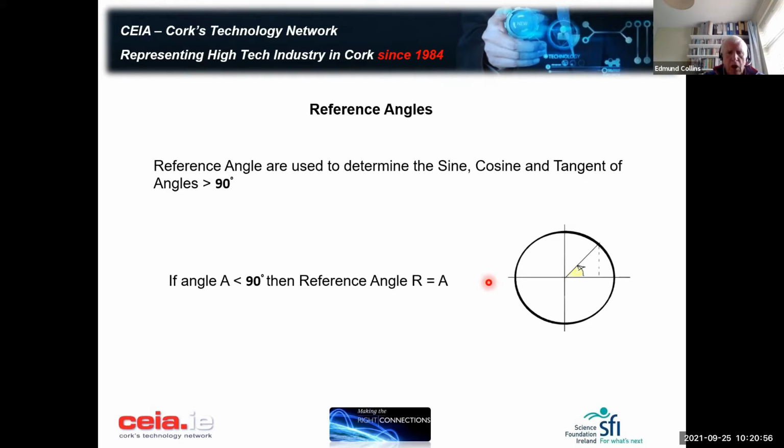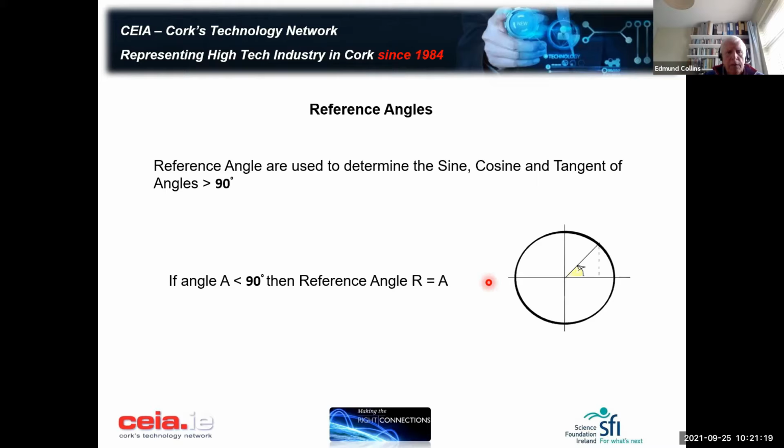But you'll see later on how this is a repeating pattern, if you like. If you understand how things operate within 360 degrees or 2 pi radians, then you will be able to transfer that on into the multiples of 360.